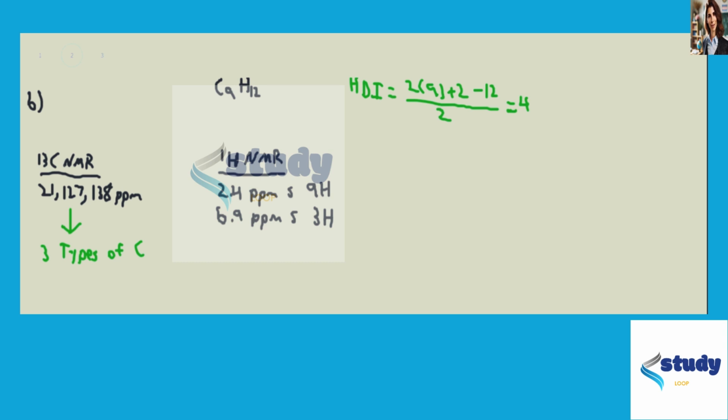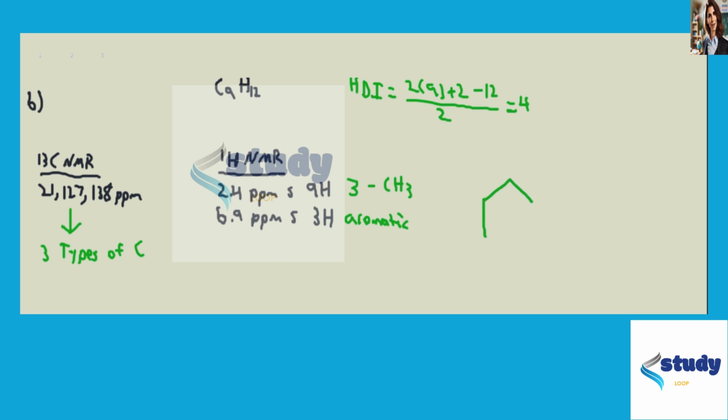And then for the proton NMR, we have what looks to be 3 methyl groups. The second signal is going to be our aromatic protons. We only have 3 this time, so this is a tri-substituted ring.